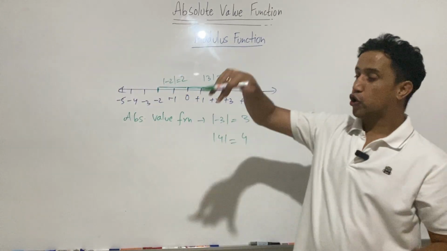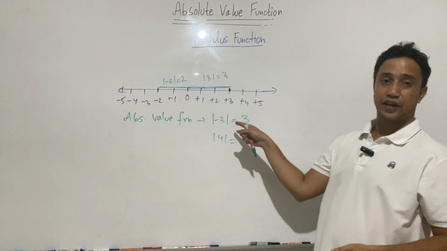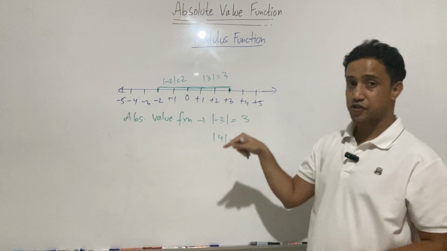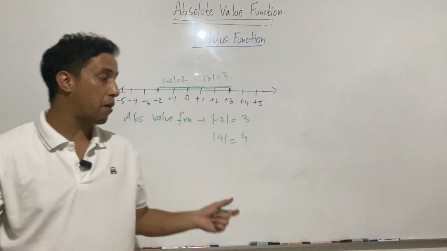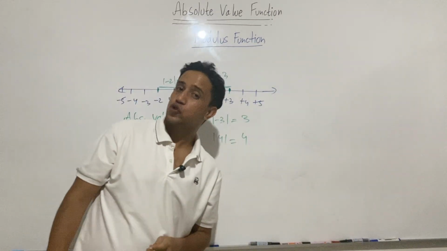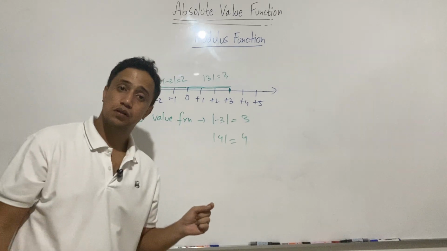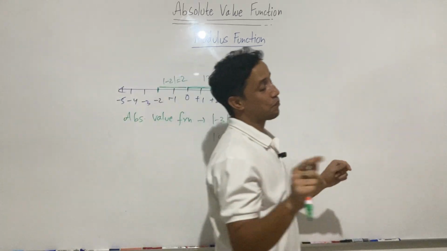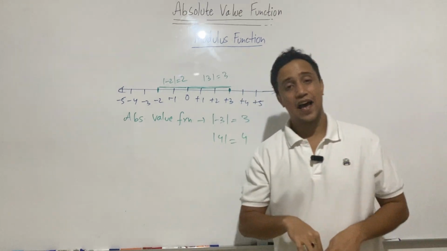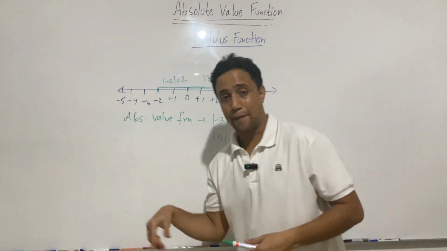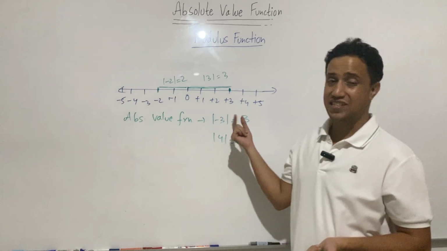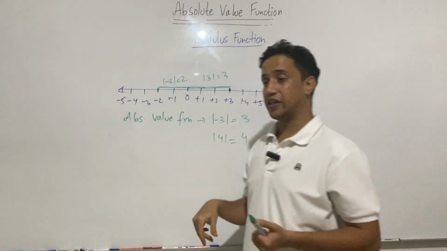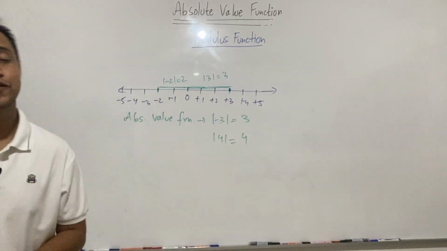If you throw some negative number inside this punch bag, within these bars, it's going to punch that negative number so hard until it says, oh, I'm no longer a negative person. From now on, I'm positive. Once it says I'm positive, the number will just pop out and you will get the absolute value.